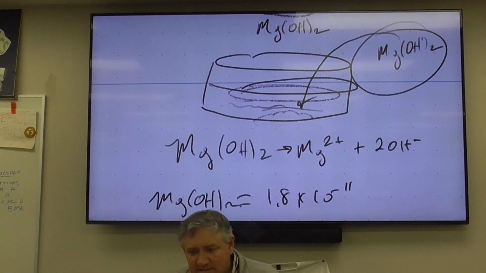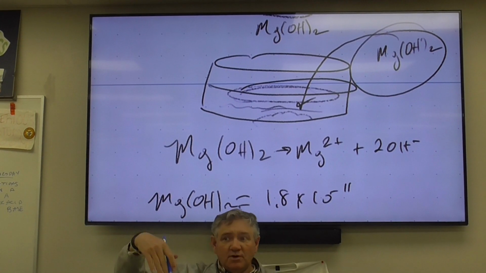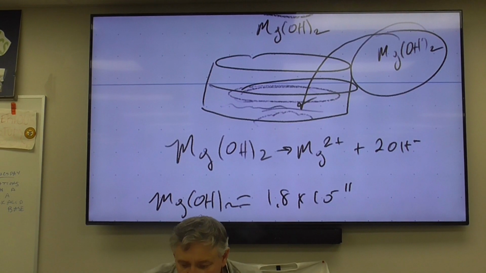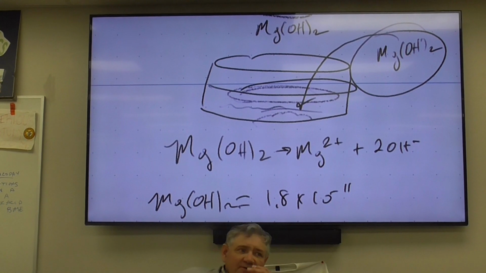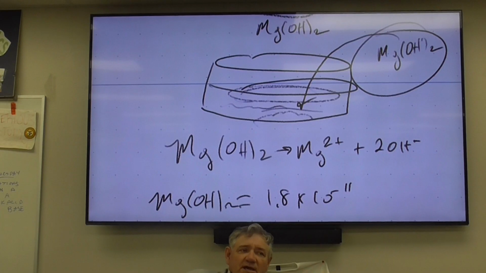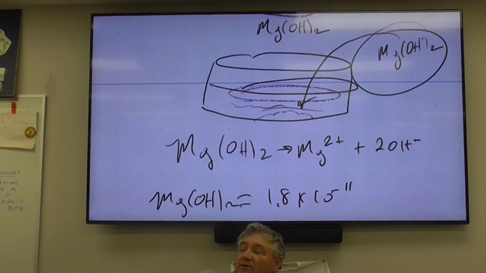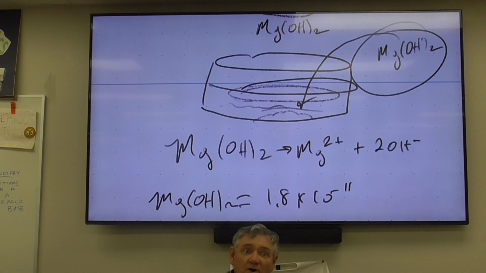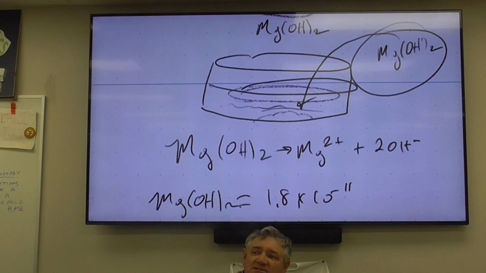So what that means is this. First off, if you look at all the KSP values, notice that they are all very small, and that's a similar thought process to Ka values. Ka values are really small because the acid doesn't ionize very much. KSP values are small because they don't ionize very much.